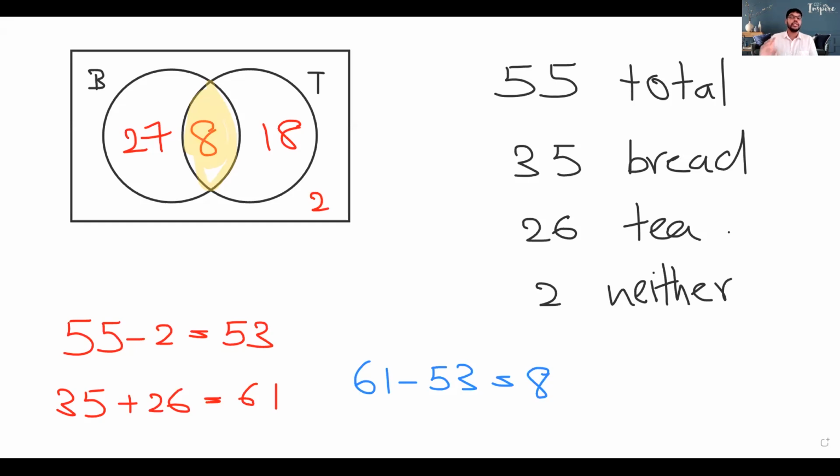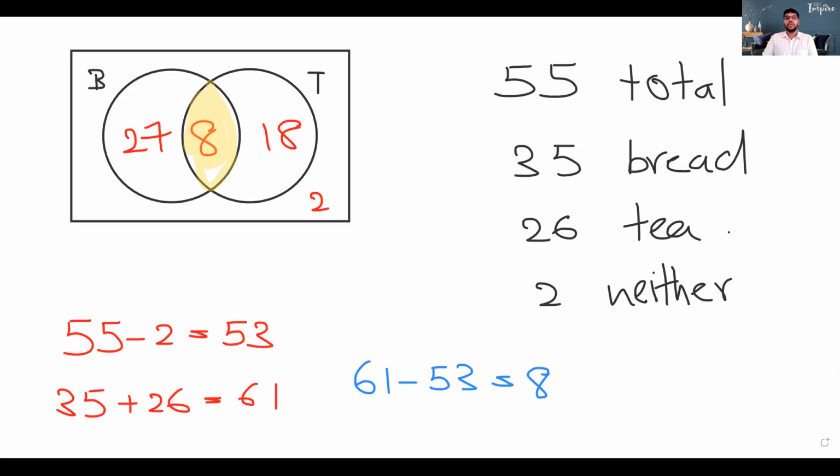Then children, we have 53 people left, because 55 minus 2 is 53, right? You know that in total you have to have 53 people inside both circles when you remove the 2 people who didn't have anything.